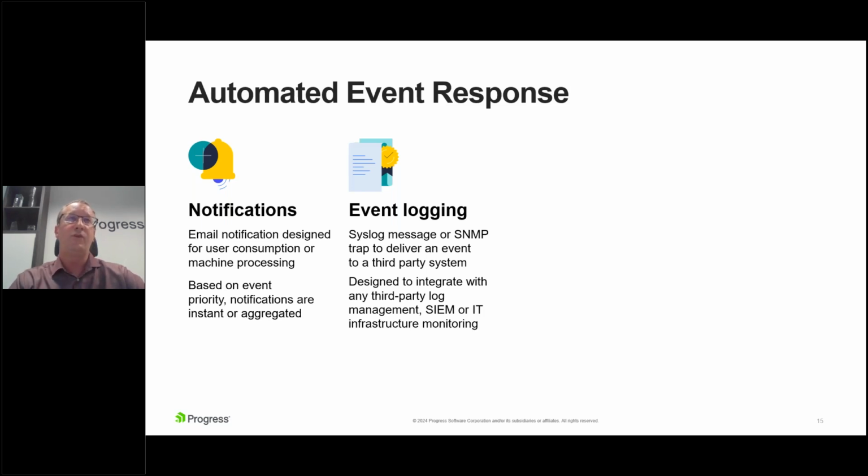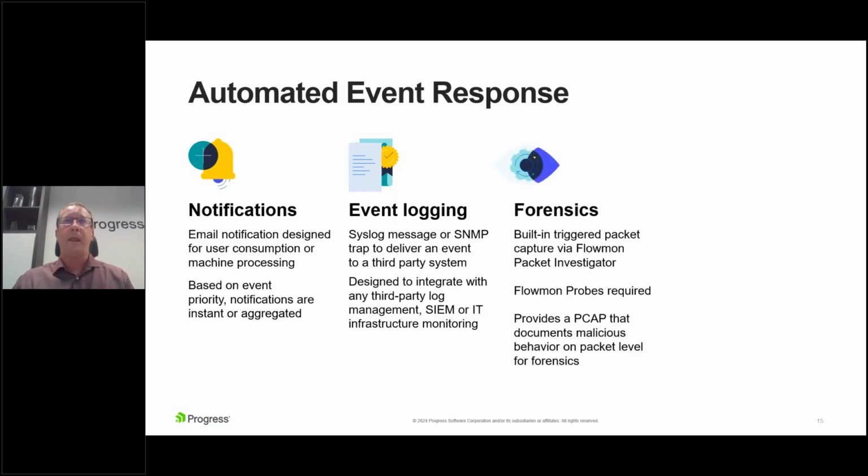So this way you usually integrate with log management tools or SIEM tools, depending where you want to send the events. There is the built-in triggered packet capture. If you have Flowmon Packet Investigator in place, you can automatically trigger packet capture as a response to detected event. So you will have it documented with a forensic level pickup that you can use afterwards.